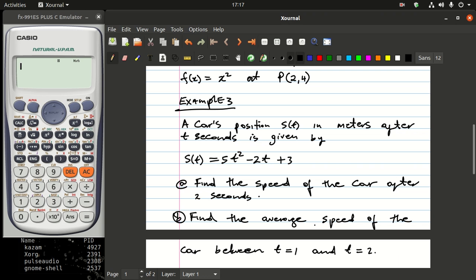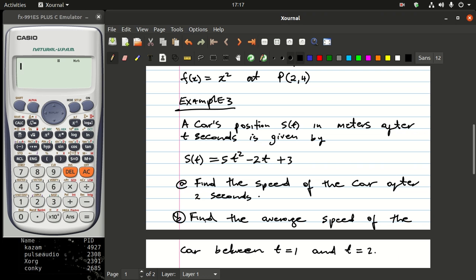B, find the average speed of the car between t is equal to 1 and t is equal to 2. I want you to see the difference between these two questions here. The first one is looking at the exact speed at t is equal to 2. The second one wants to see the average between t is equal to 1 and t is equal to 2.